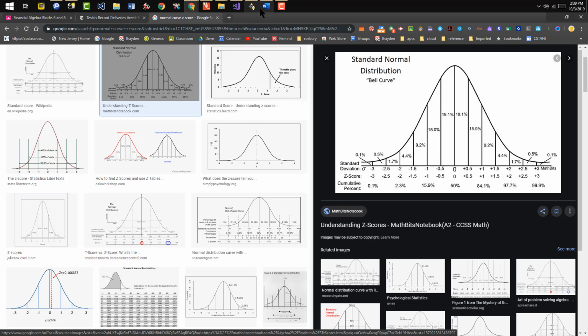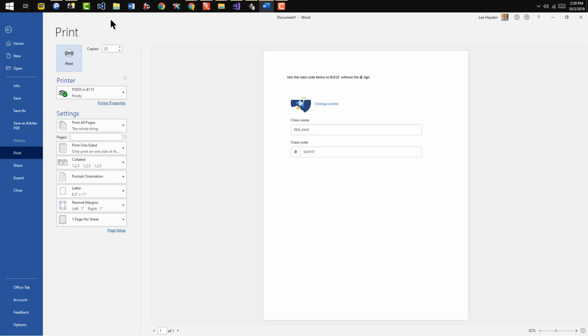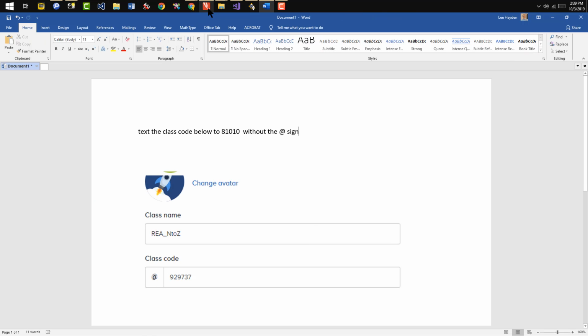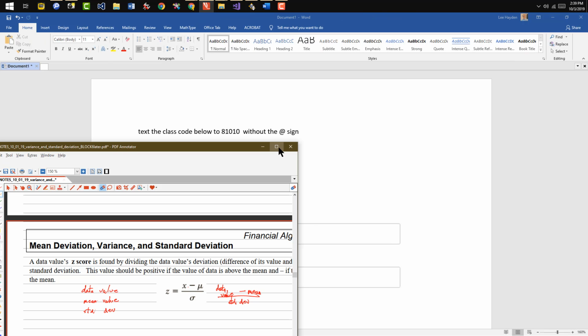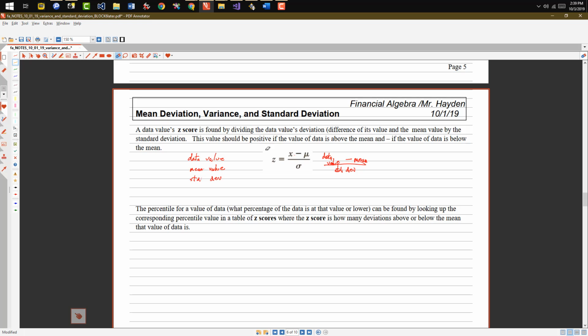So the formula for finding the z-score for a value is the actual piece of data minus the mean value of the data, divided by the standard deviation.